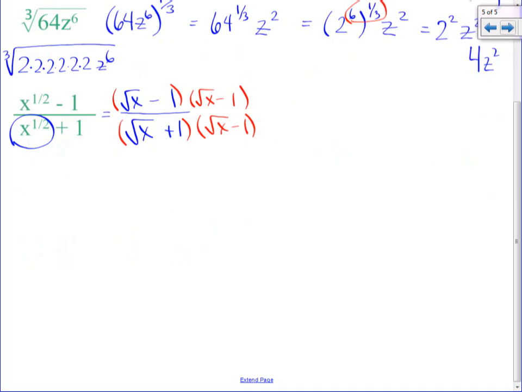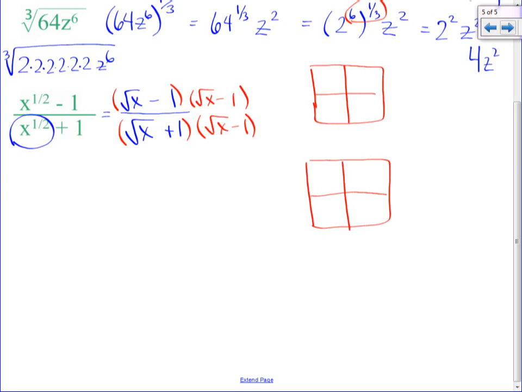So on the top, we'll multiply, and on the bottom, we'll multiply. So you can think of this, these are our two fractions here, our two numerator and denominator. So on the top, we've got, and on the bottom, we'll do that.